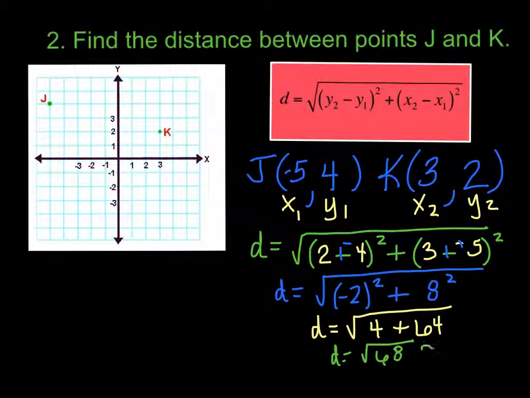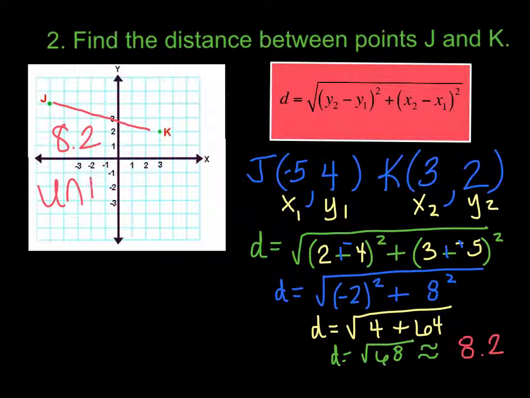So I know it's going to be a rounded answer. So I just need to plug it into the calculator again. Okay, after plugging it into the calculator, I get 8.2 when I round it, units. So the distance from J to K would be 8.2 units.